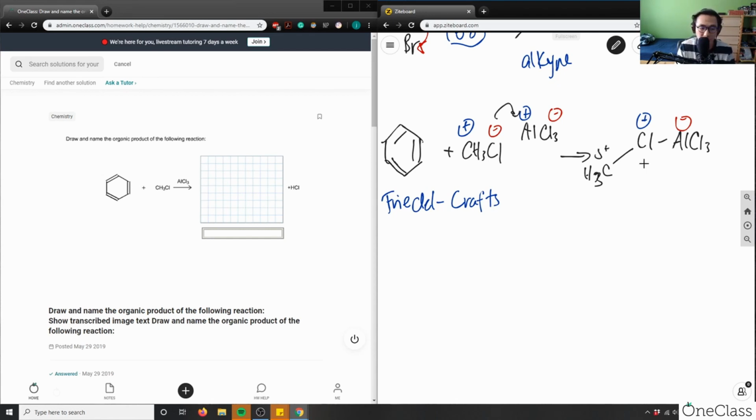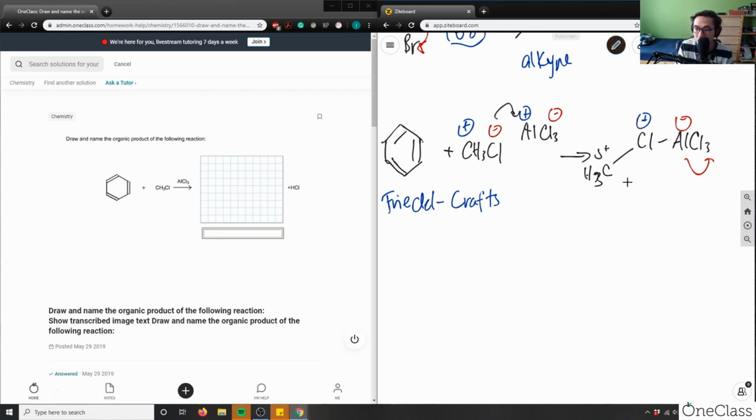It has a dipole, a partial positive charge. So it wants to kick this out. The aluminum makes this a really good leaving group. This is now activated, so this chlorine is simply going to leave, and then I create something called a carbocation.